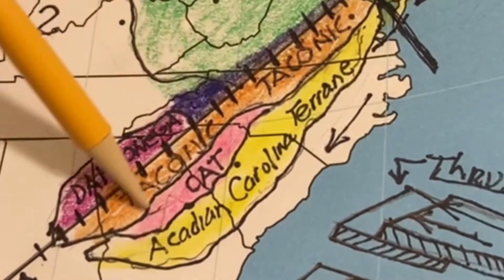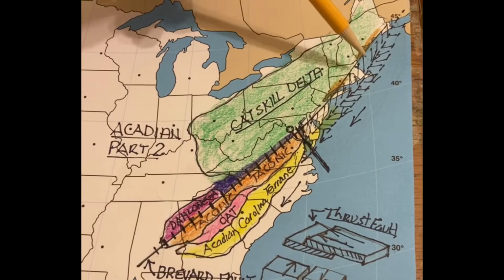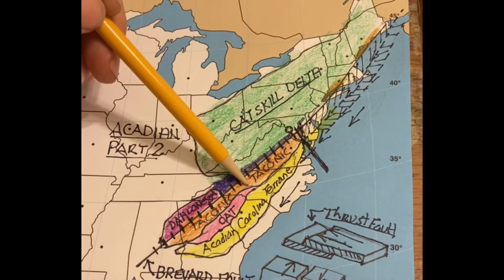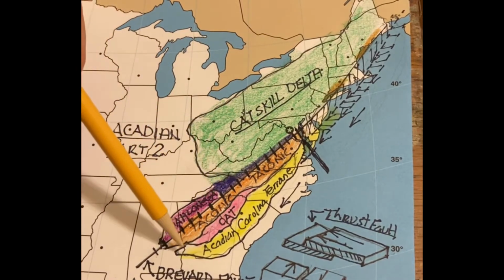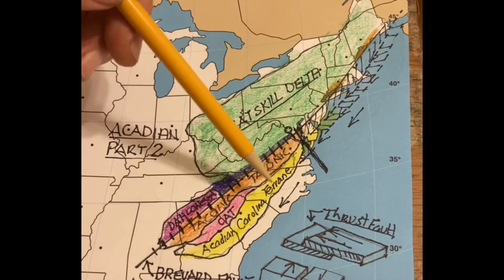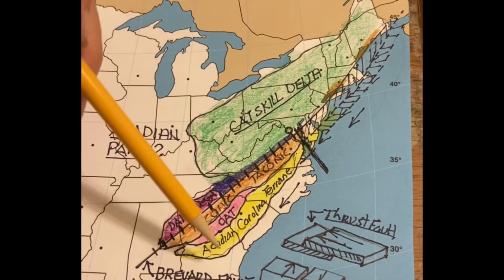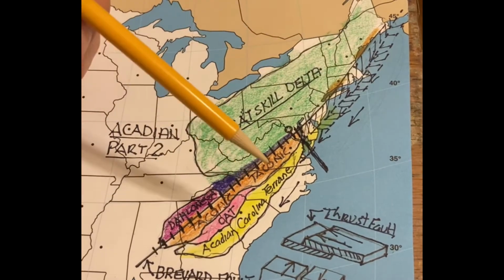This is the Taconic island arc material that crashed up here. It also slid down. Here's the Acadian microcontinent, what's left of it. It crashed up here, it slid down, and now we call it the Carolina terrain. It's not up here anymore, it's down here.